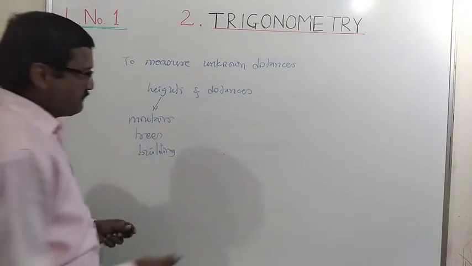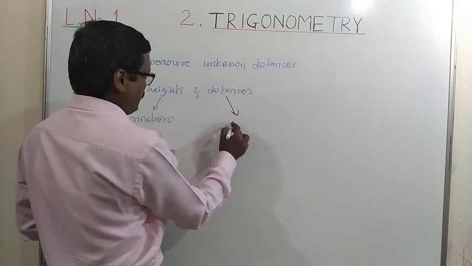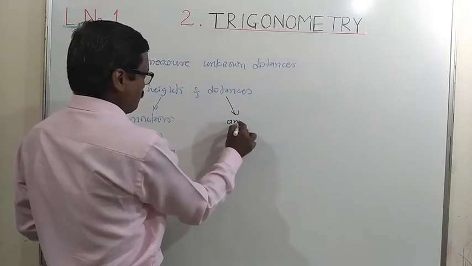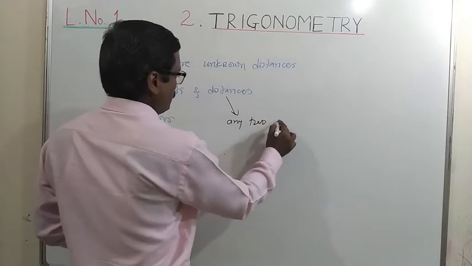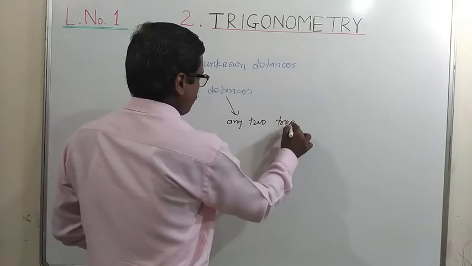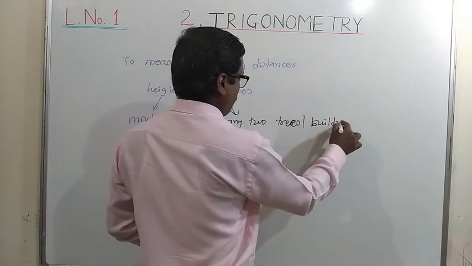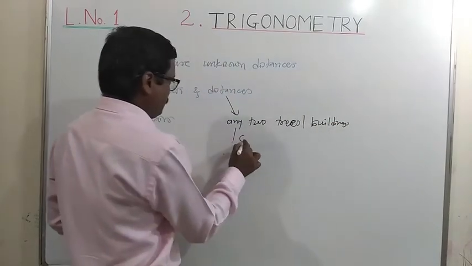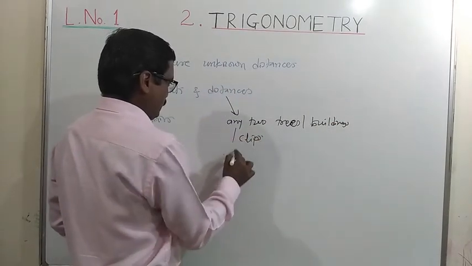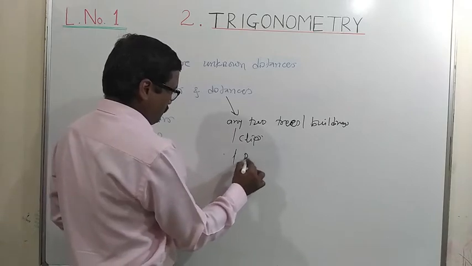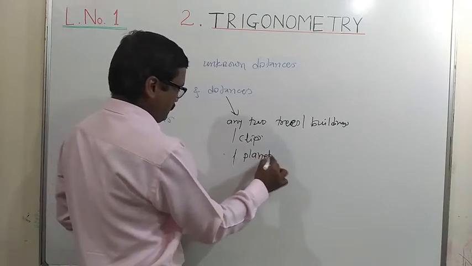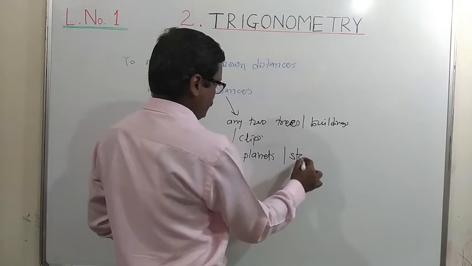And distances means the distance between any two trees or buildings or cliffs, or distance between any two planets or stars.